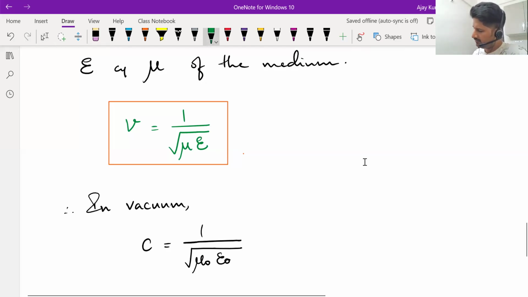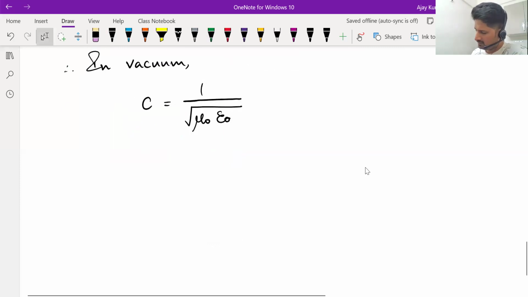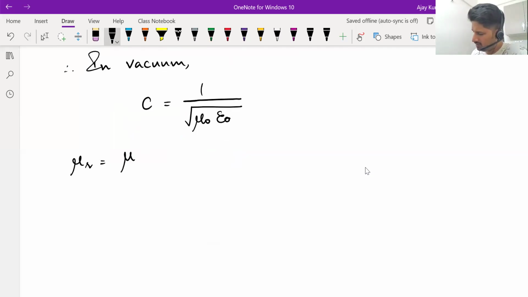Now, we know that relative permeability mu r is nothing but permeability of the medium divided by that of vacuum, and relative permittivity, which is nothing but dielectric constant, is permittivity of the medium divided by that of free space or vacuum. Therefore, mu can be written as mu r into mu naught. Epsilon can be written as epsilon r into epsilon naught.